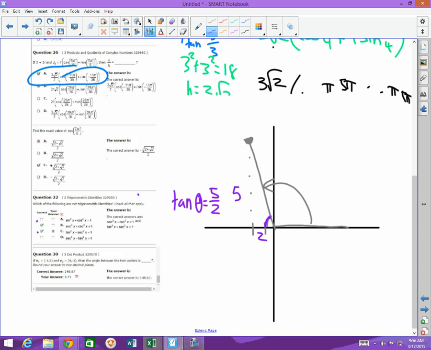So then that means theta is approximately 68.2 degrees. Okay, well, so if this is 68.2, this angle from there to there is 180 minus 68.2, which is 111.8.